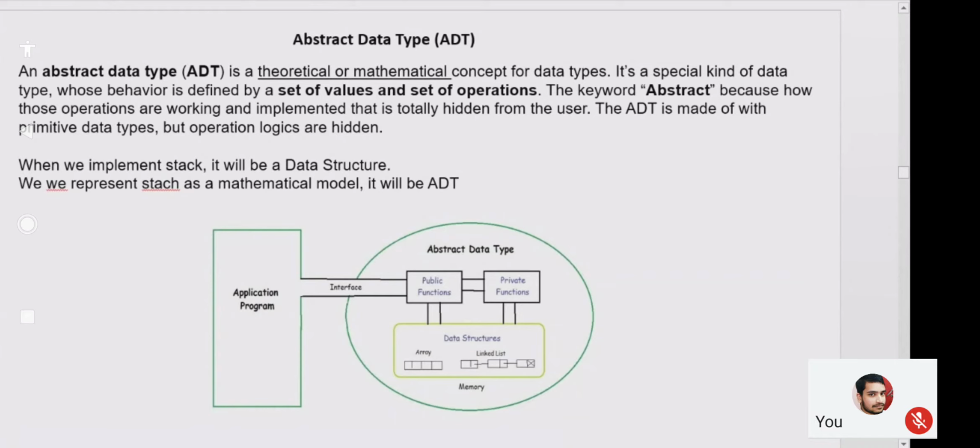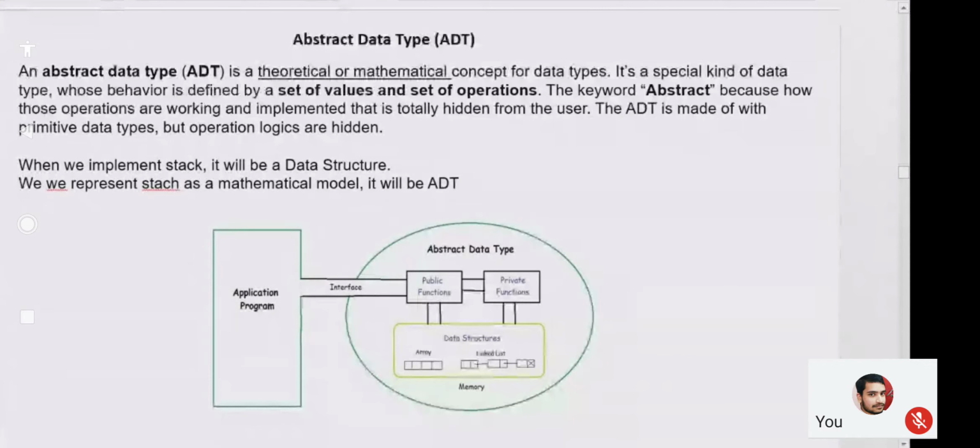But in case of abstract data type, you have to implement push, you have to implement pop, you have to implement display or peep or something. And for that, you have to use either array or linked list, because these are two ways by which you can implement stack.